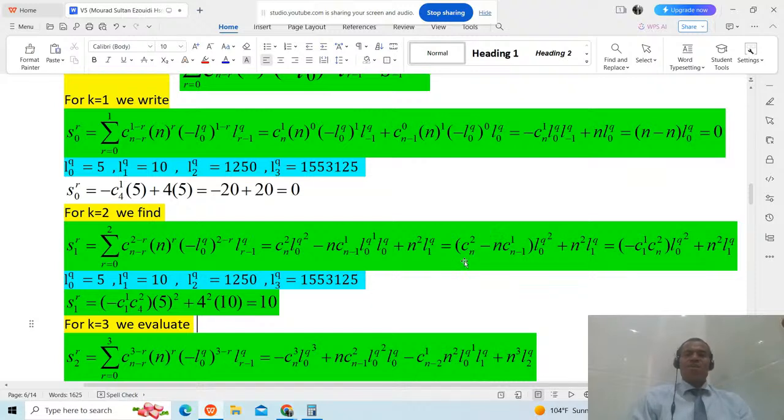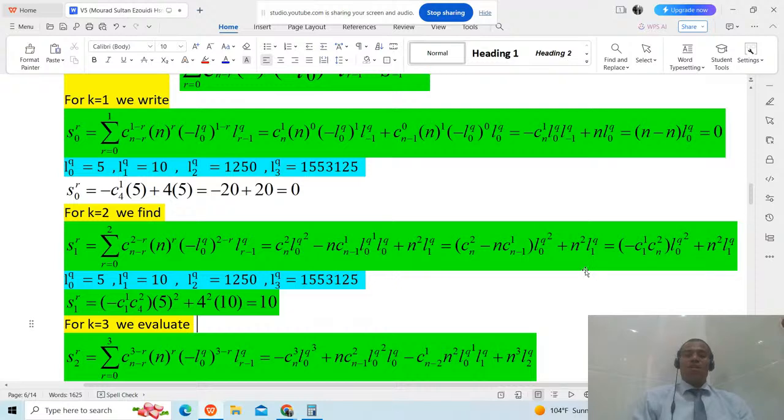We are going to simplify this, which is combination n choose 2 minus n times combination n minus 1 choose 1, which is equal to negative combination 4 choose 2. Why is there a negative sign here? Because the number is odd. This is the secret in the formula. Times combination n choose 2 times L0 for the Q squared, plus n squared L1 over the Q.